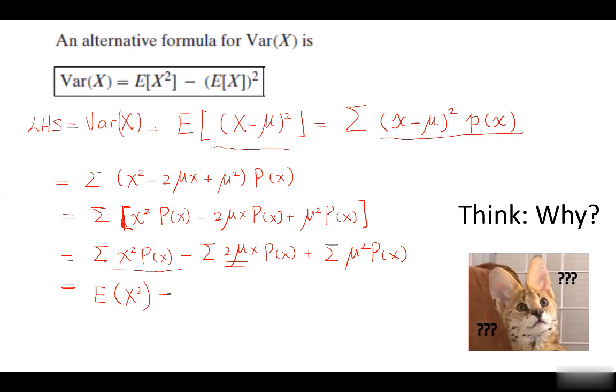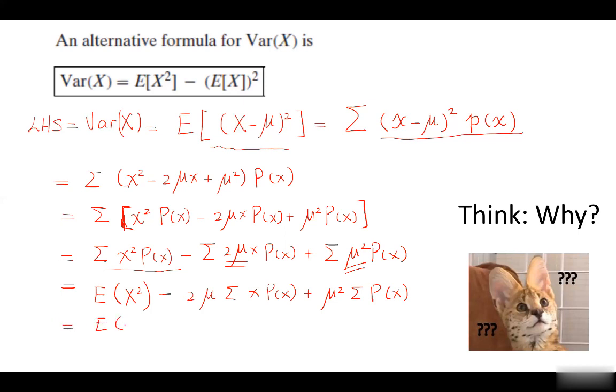Mu is the expected value of X, so it's a number. So we can put this number in front, and what's left behind is x times p(x). Plus, again, when mu is a number, mu squared is also a number. So let's put it in front. So the last part is mu squared times the sum of all p(x).